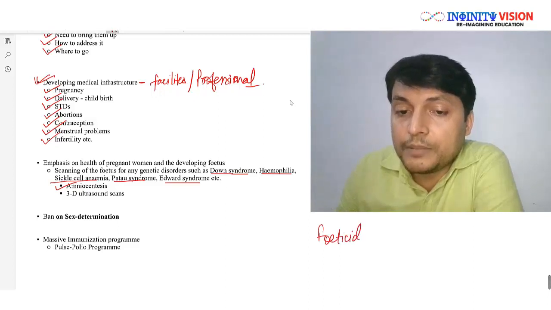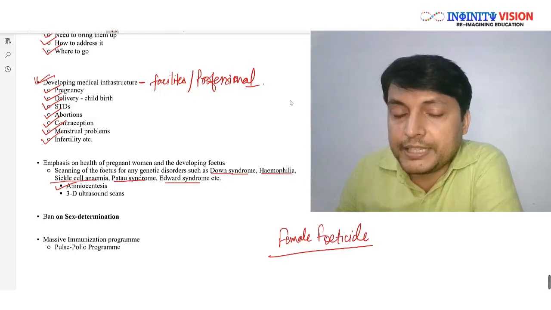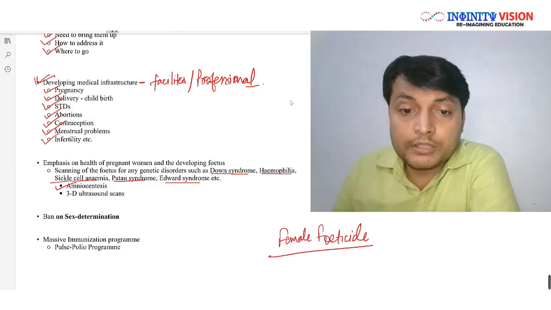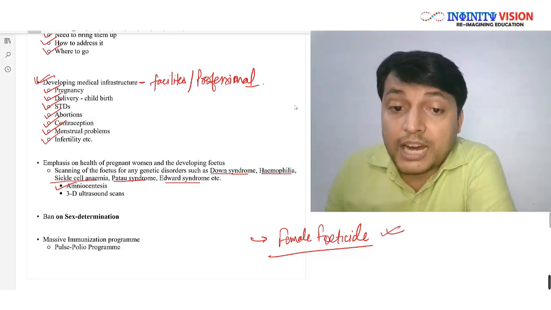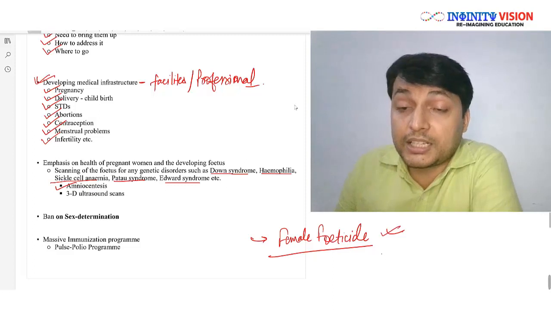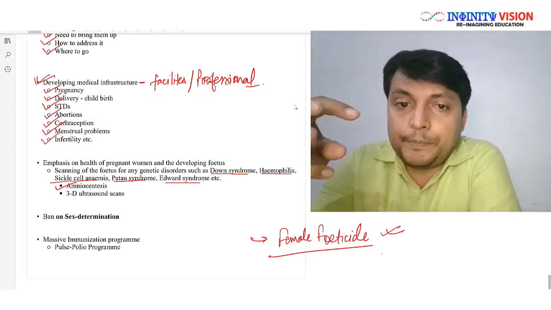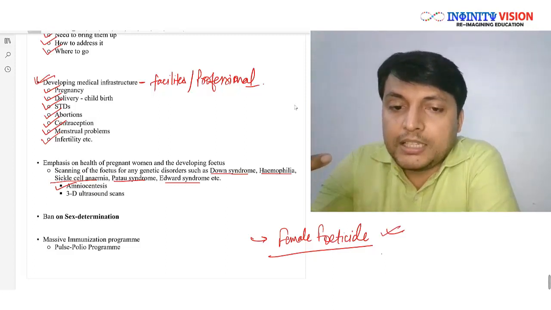This is called feticide, or precisely it is called female feticide. So this sex determination led to female feticide. Because of large-scale female feticide in our country, the sex ratio of our country became bad, as in it became imbalanced.